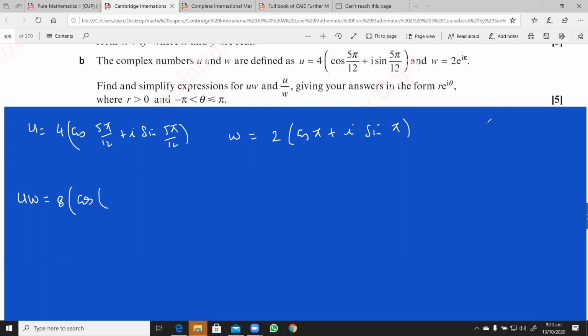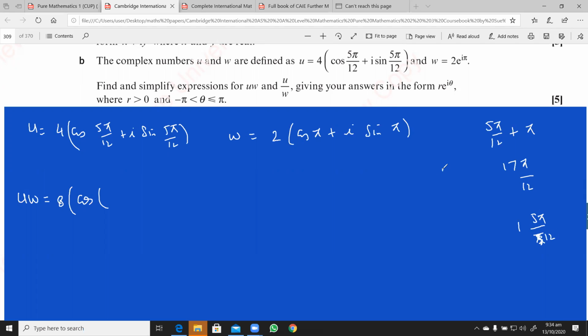Let me find it here. 5 pi by 12 plus pi, that is 17 pi by 12. I cannot go beyond pi and minus pi. So this is 1 whole 5 pi by 12.